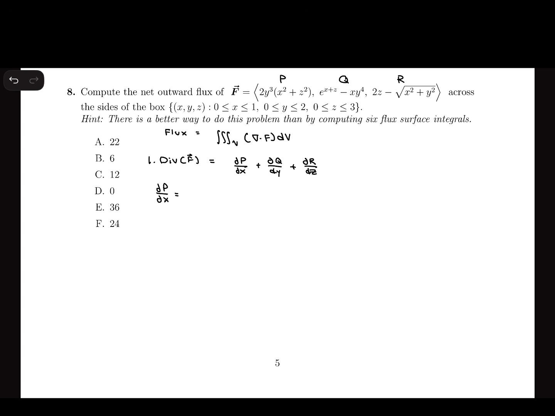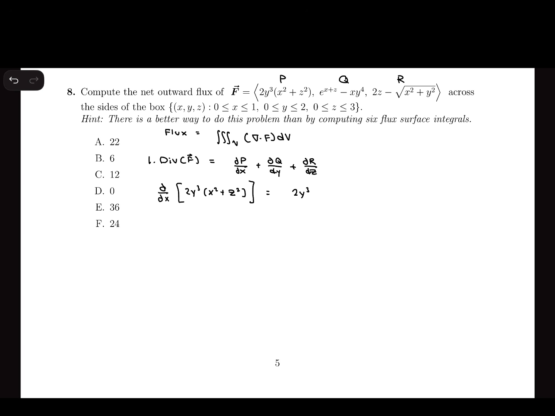I'll write this as d over dx of 2y cubed x squared plus z squared. We imagine y just being a constant. Since z is just a constant, it becomes 0.